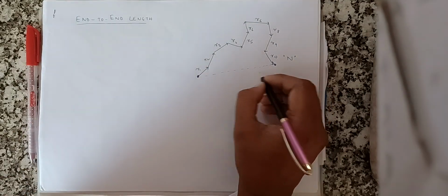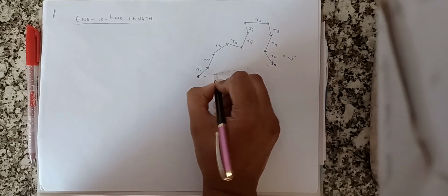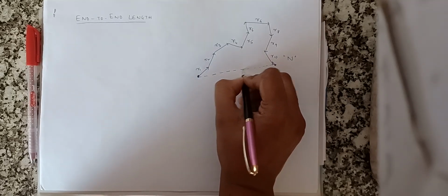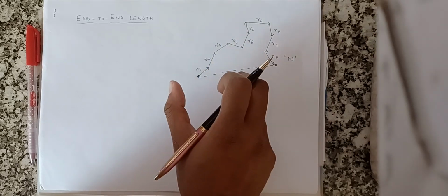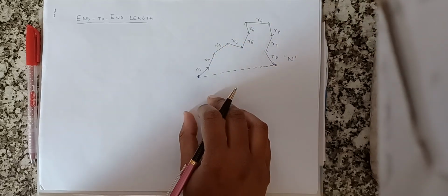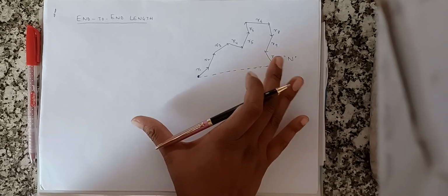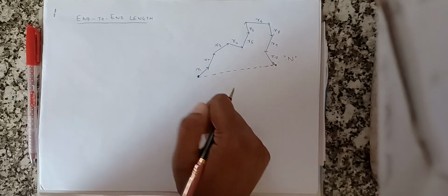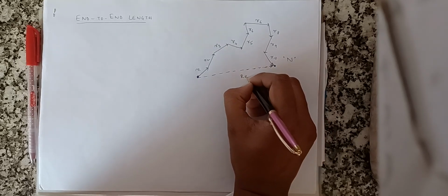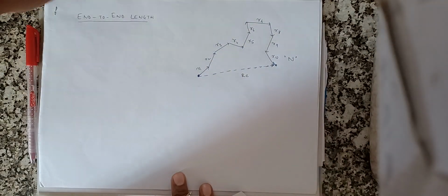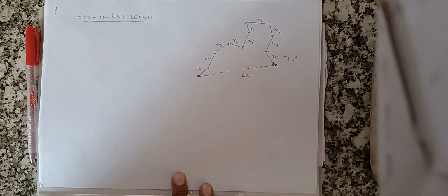You join these 2 points with this line, and this estimates how coiled or how open, how spread out this particular polymer chain is. So this particular vector RE is your end-to-end length, right?